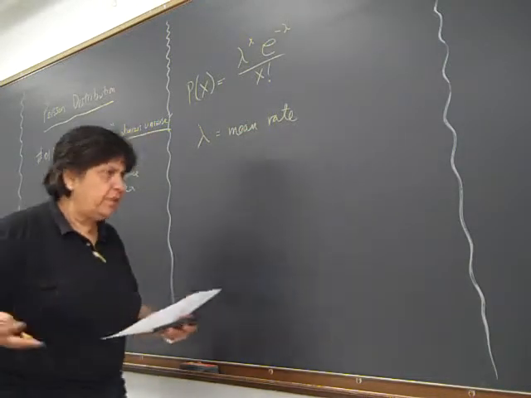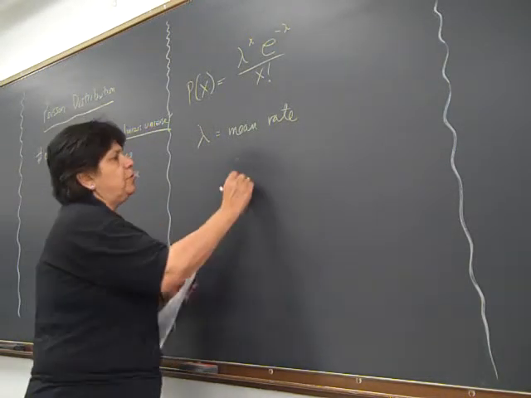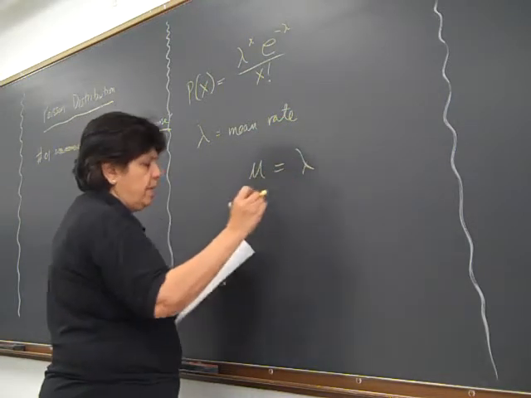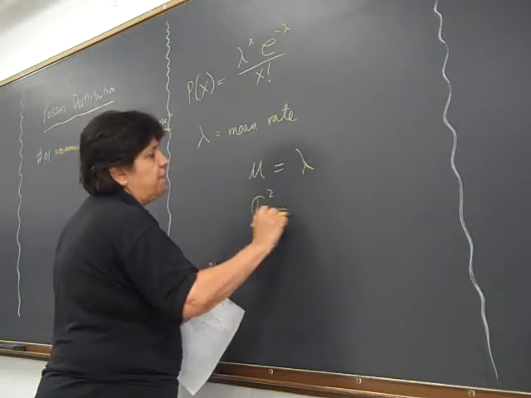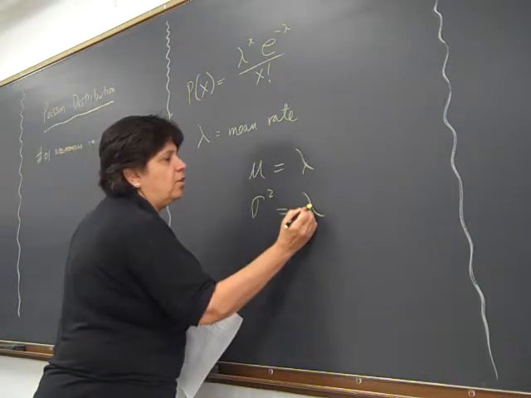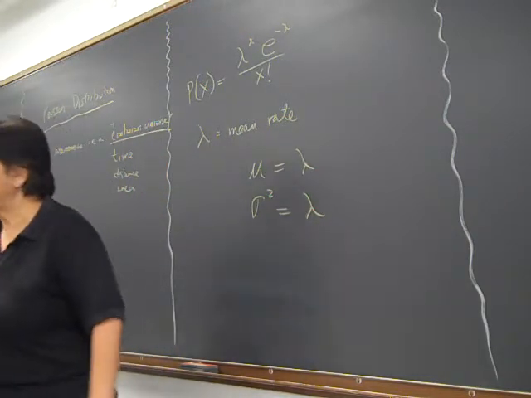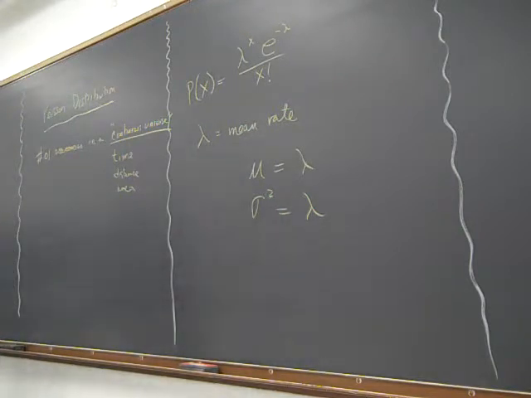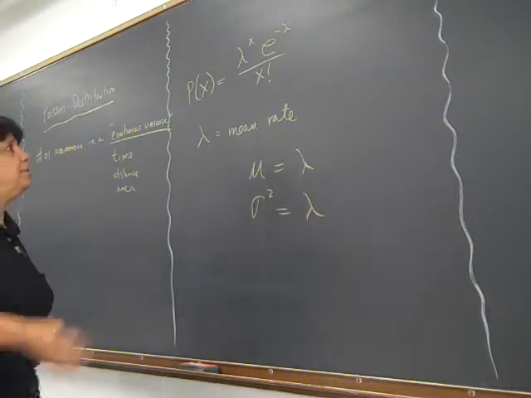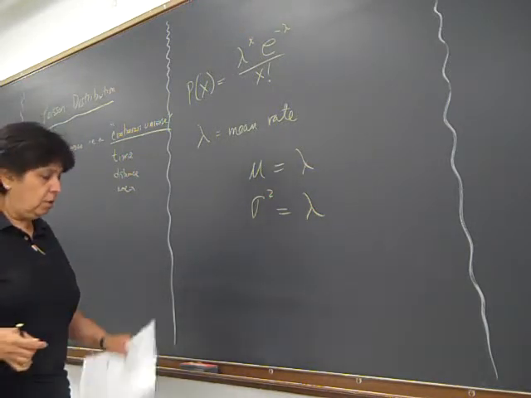An important consideration is that the mean mu is equal to lambda and the variance is equal to lambda. So pretty easy, pretty simple. That's it. That is basically what the Poisson distribution is about.